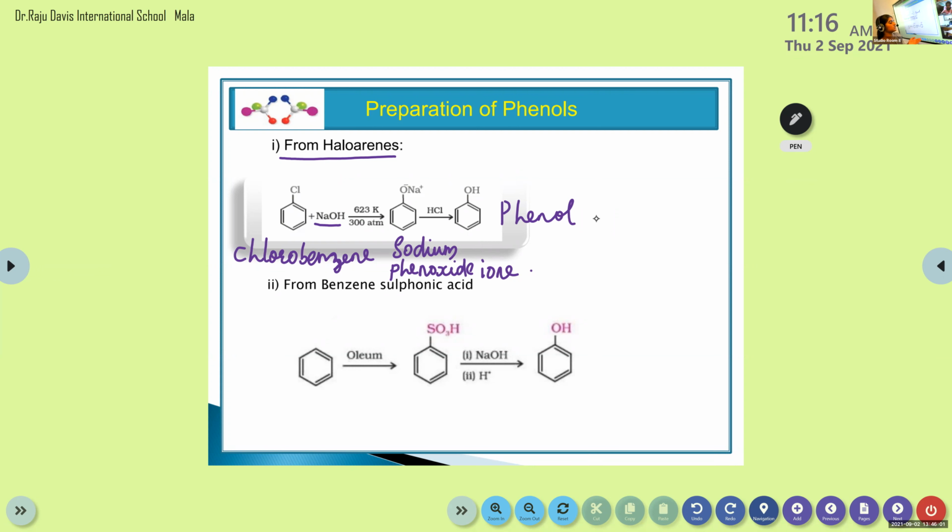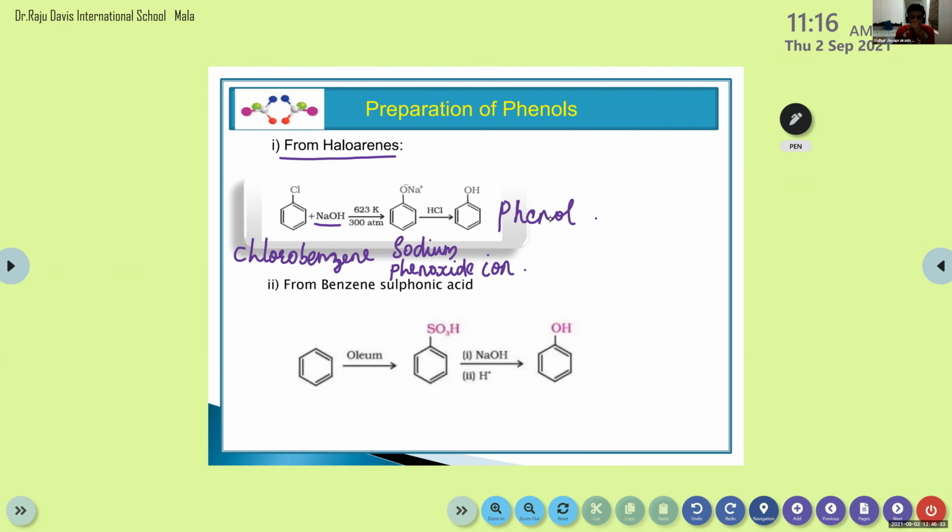So this chlorobenzene is treated with sodium hydroxide at 623 Kelvin temperature and 300 atm pressure. One ion is formed, that is sodium phenoxide ion. And on further acidification, phenol will be obtained. That's the first method of preparation of phenol. This is clear, children? First method, all of you?